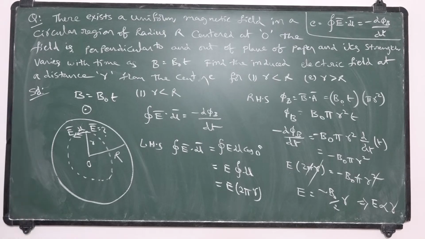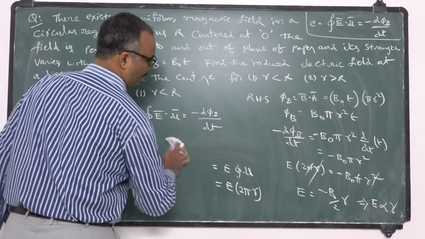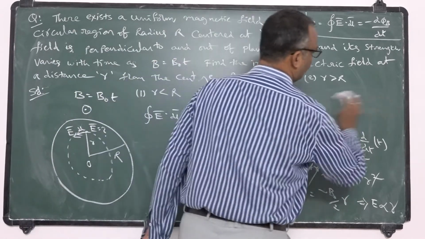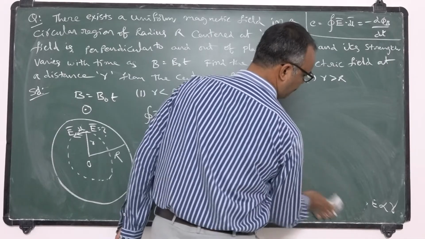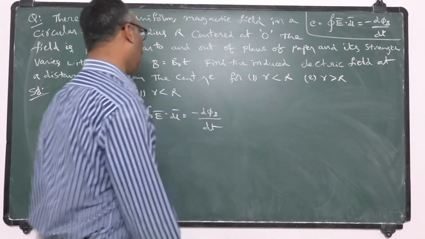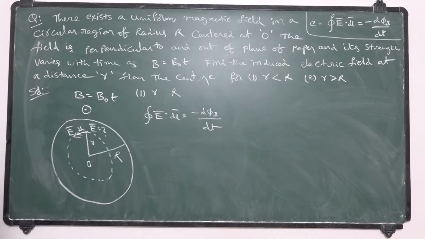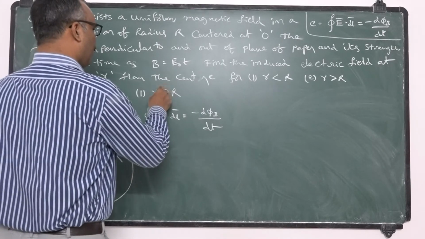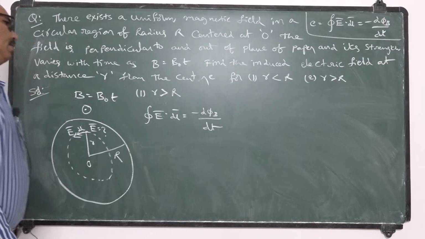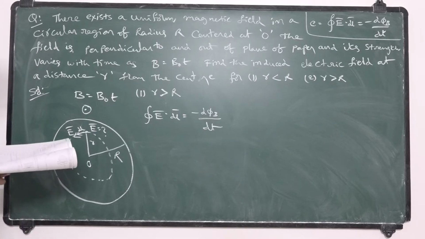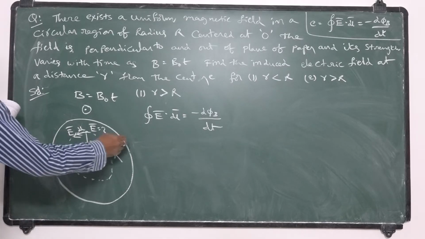So in the second case, small r is greater than capital R. That means we should consider a point outside of this zone.